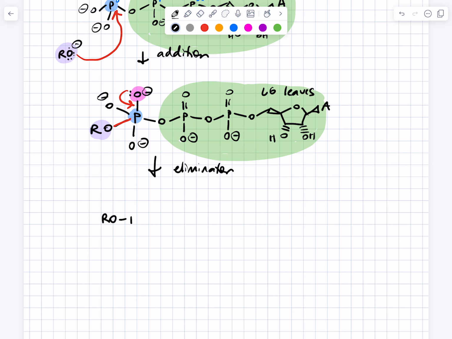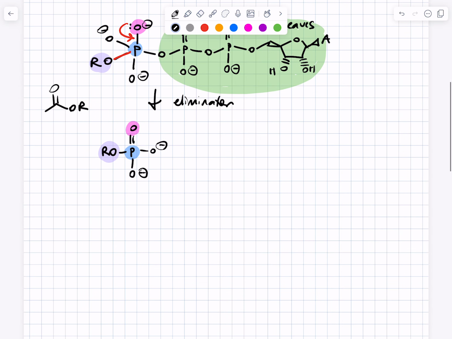So let's draw what we make after that. Here's the RO group. And that functional group at this point is what kind of phosphate molecule? It's not phosphoric acid because it's got an OR group. What do we call this carbonyl with an OR group on it? That's an ester.